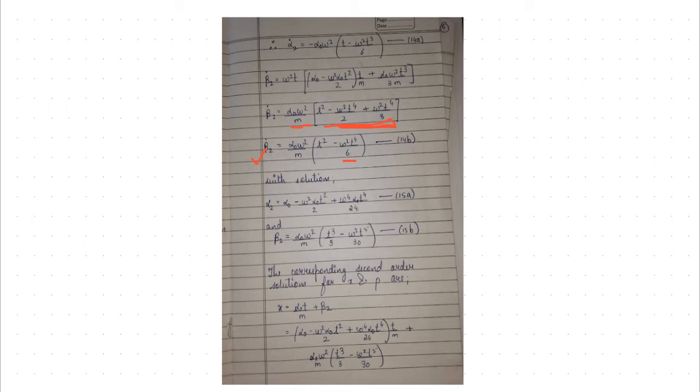So basically this is equation number 14b. Equation number 14a gave the value of alpha 2 dot, and equation number 14b gave the value of beta 2 dot.